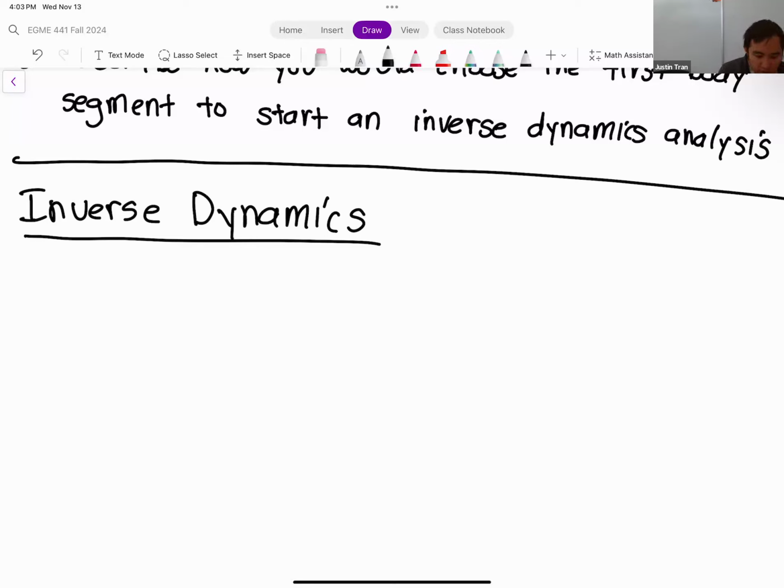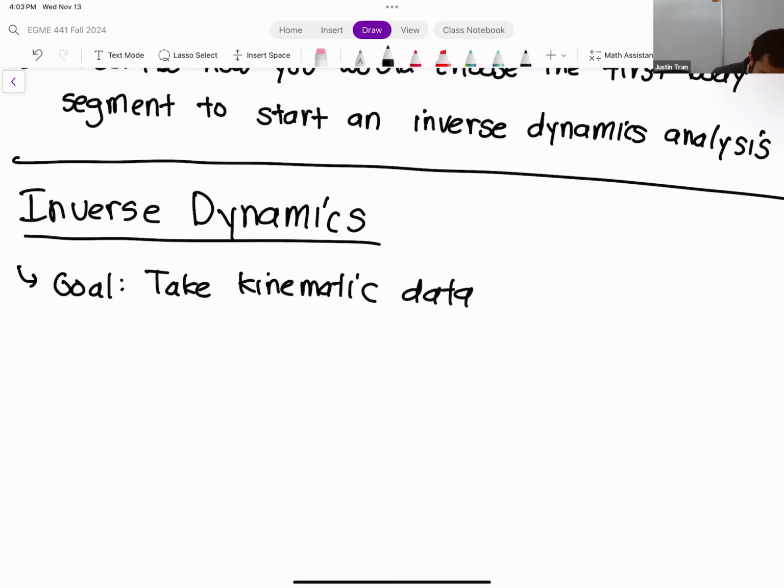Okay, inverse dynamics. So what is the goal for inverse dynamics? Our objective when we do an inverse dynamics analysis is to take kinematics data, basically data that you're going to obtain from a human motion capture study, or another way to get kinematics data is that you may approximate it. By kinematics data, I mean information about the joint angles, joint angular velocities, and angular accelerations.